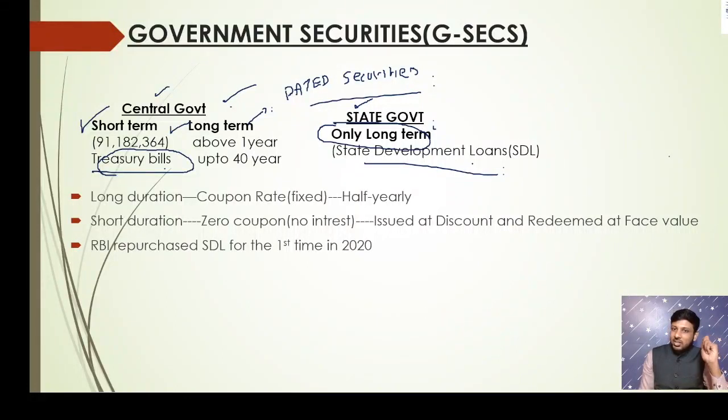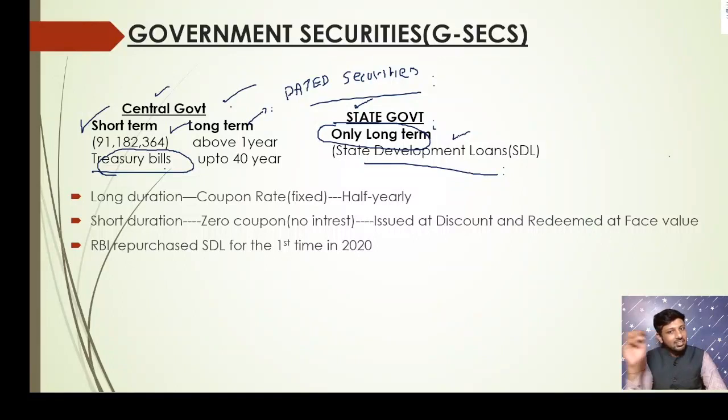If the central government issues a government security for the short term, it is known as a treasury bill. If it issues for the long term, it is known as dated securities. If it is issued by the state government for the long term, then it is known as a state development loan. It is important to know these terminologies because tomorrow you might get a question saying that treasury bills are issued by the government of India to attract investment for more than 1 year.